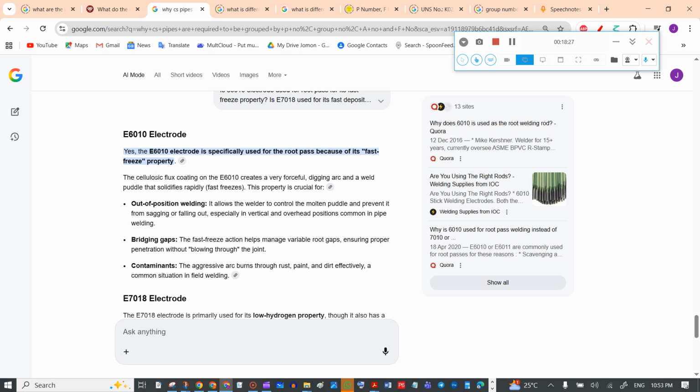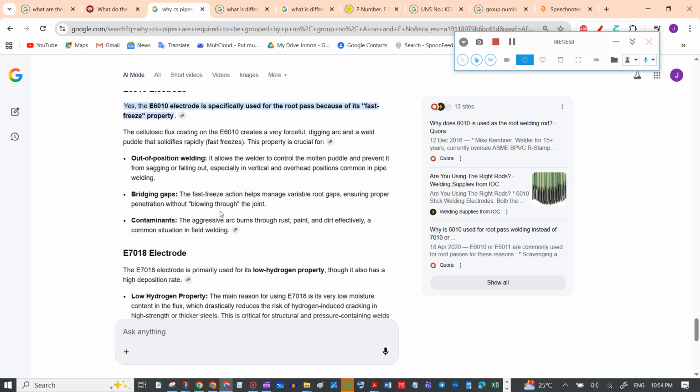This property, because of the cellulosic flux coating, creates a very forceful digging arc and a weld puddle. It solidifies rapidly, fast freezes. This property is very crucial for out-of-position welding. It allows the welder to control the molten puddle, preventing it from sagging or falling out, especially in the vertical and overhead positions common in pipe welding, and bridging gaps.